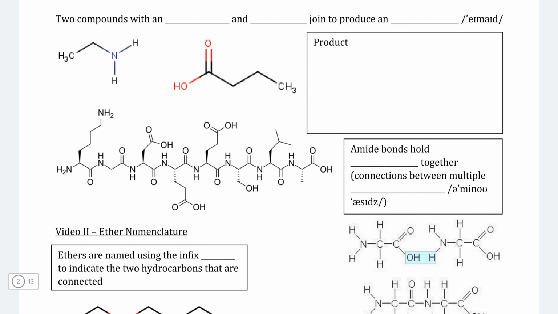Now, the final functional group will also be familiar to biology students, and for the first time, we actually see that the nitrogen-based functional group, an amine, is now involved here. So when an amine undergoes a reaction with a carboxylic acid, we get yet a different type of dehydration synthesis here.